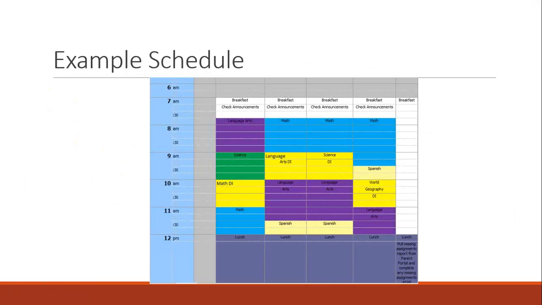So we would start out with, say, language arts, and we would do that for about an hour. And then we would move over to science, and then we would have a DI. And then we would do some more of another subject, and then have lunch or something. So you need to organize all of your subjects out, make sure you're completing everything, and keep as organized as possible.